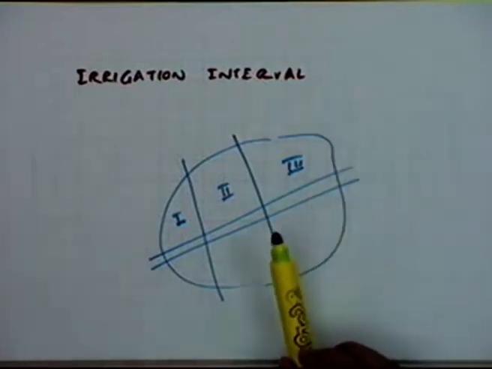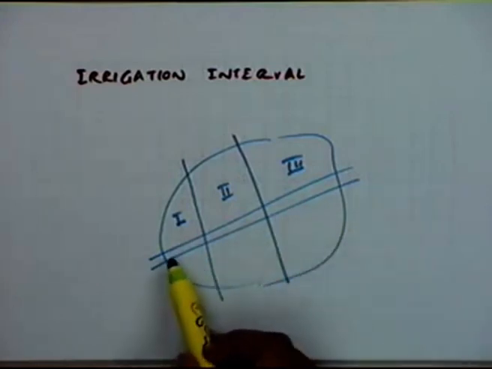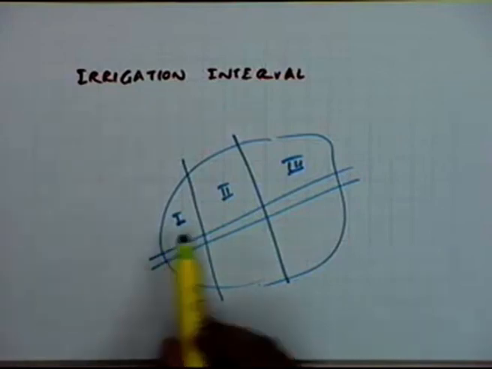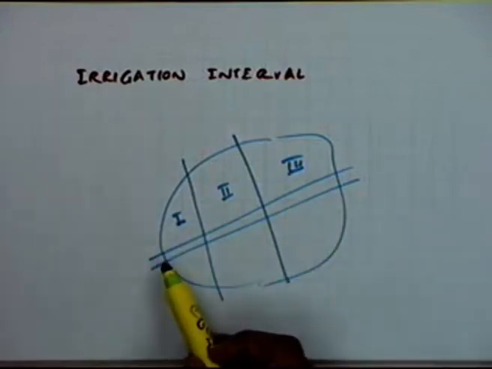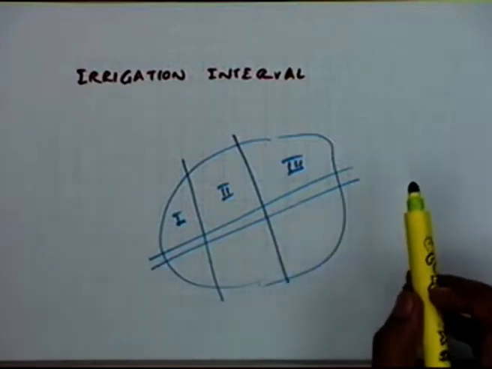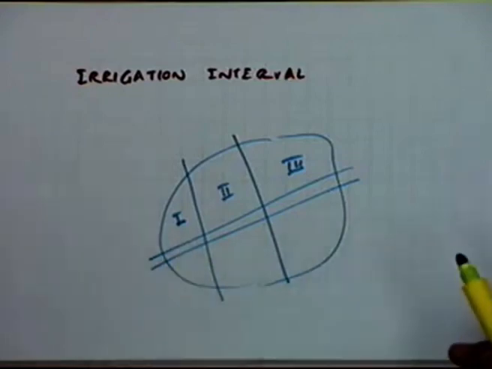We have to look at that lapse time. Is it a time which this area cannot wait that long by the time I come back to this area? If that is the situation, then your irrigation interval is much larger than the desirable interval. Your irrigation interval cannot be of such a length where the soil moisture reaches below a specified or desirable level.